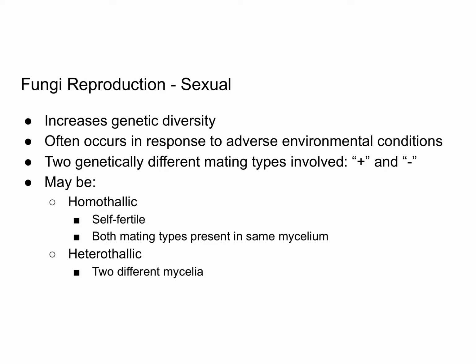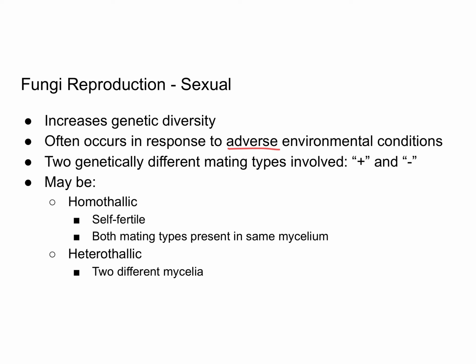Some fungi reproduce sexually, and one benefit of sexual reproduction is that it helps to increase genetic diversity, and this can be especially beneficial in adverse conditions. And this is because the more difference you have in genetics, the more likely you're going to have some individuals in a population that are able to survive whatever is happening in the environment.